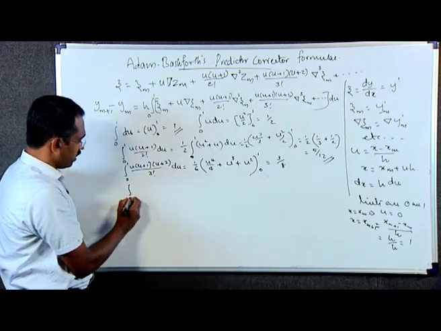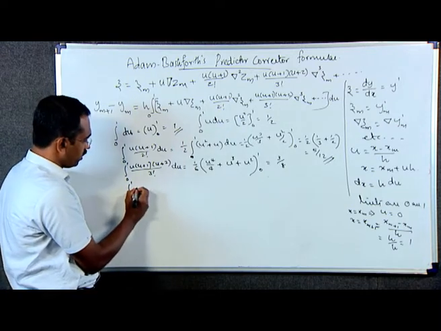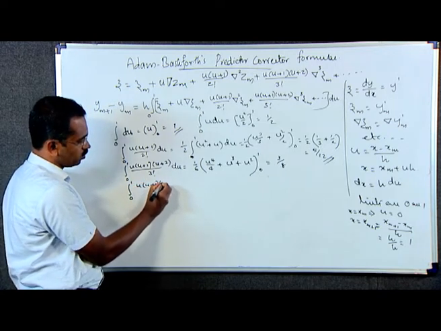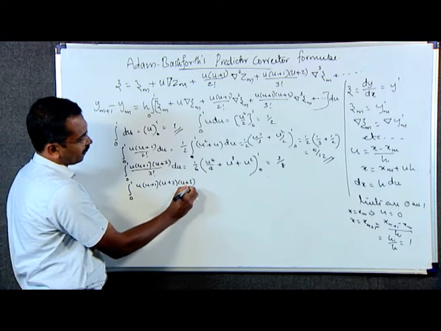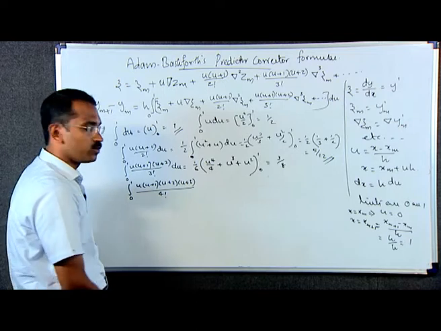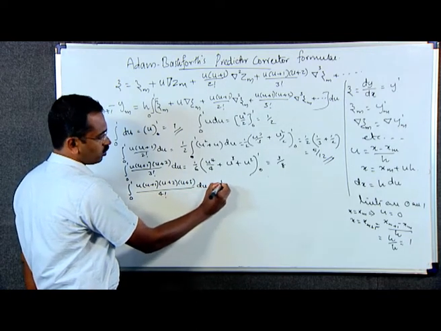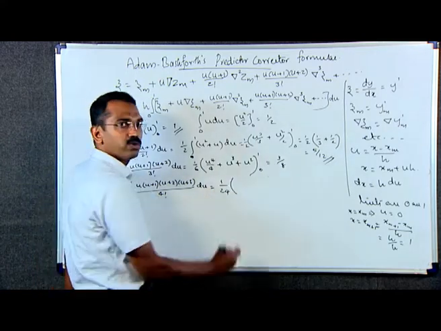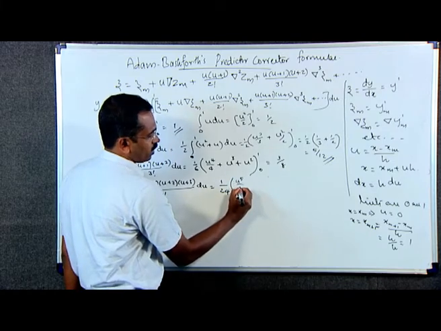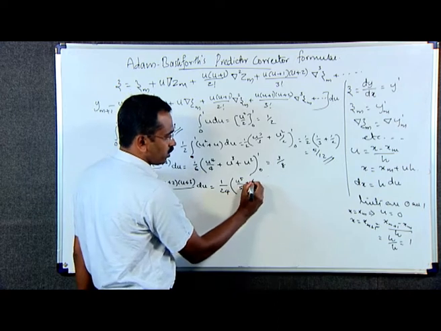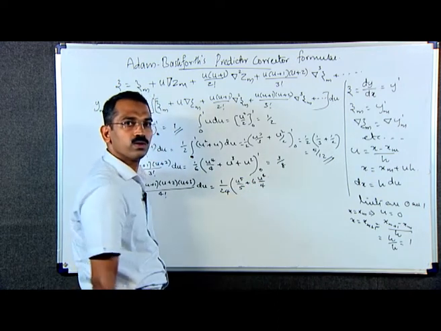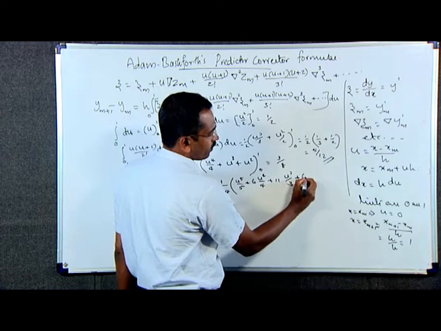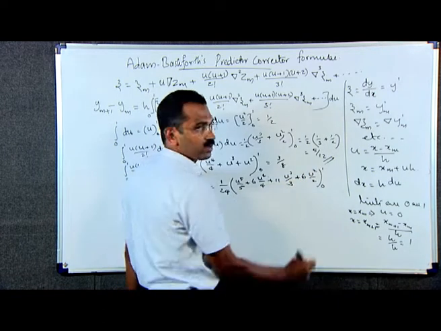The next term will be integral from 0 to 1 of u into u plus 1 into u plus 2 into u plus 3 divided by 4 factorial into this du. 4 factorial means 24, so 1 by 24 into, when we integrate, we will get u raised to 5 divided by 5 plus 6 into u raised to 4 divided by 4 plus 11 into u cube divided by 3 plus 6 into u square divided by 2 between the limits 0 and 1.